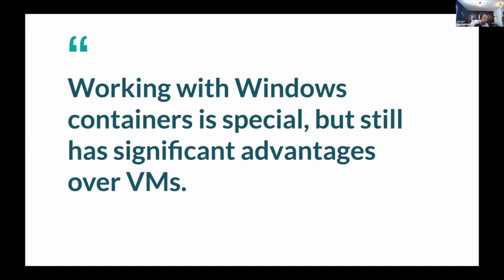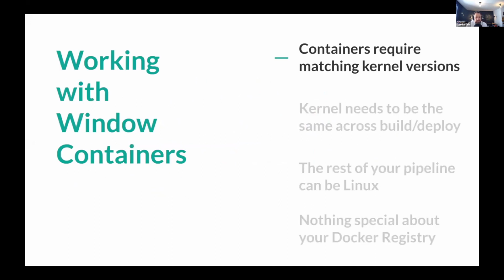So first thing that you should know is that containers on Windows always have to match the kernel version of the host system. This is very different than Linux. Linux containers, it's just like the Wild West, just throw any Linux container on any Linux host and it figures out the difference and works through it. But with Windows, you do need to make sure that those kernel versions match. So if a container is going to be 1809, it needs to have a kernel underneath it that's 1809.